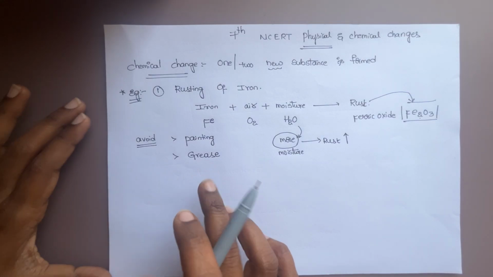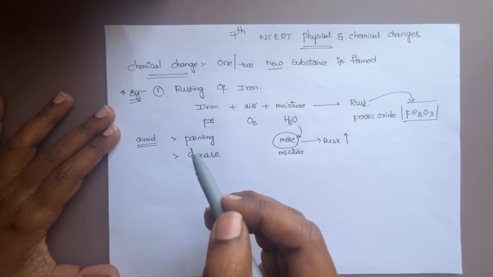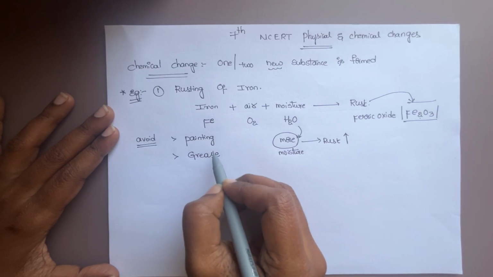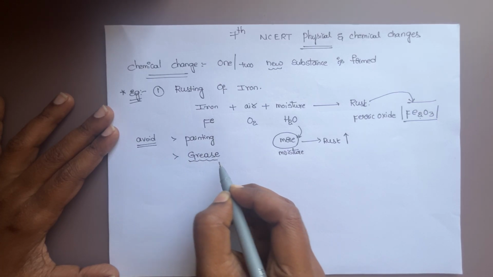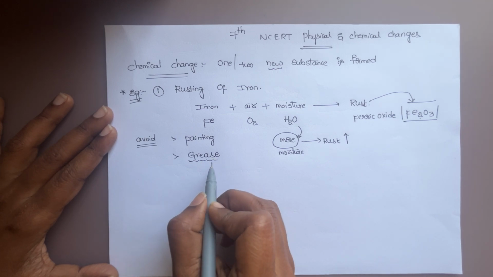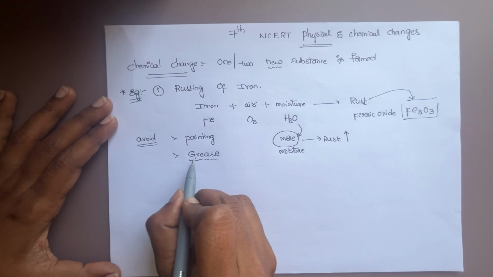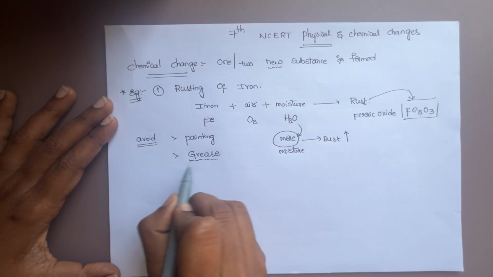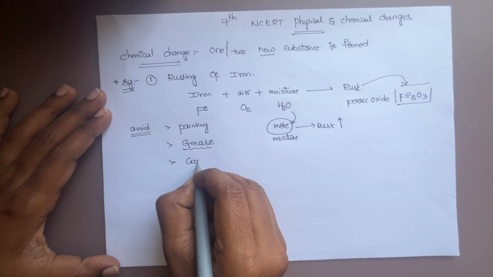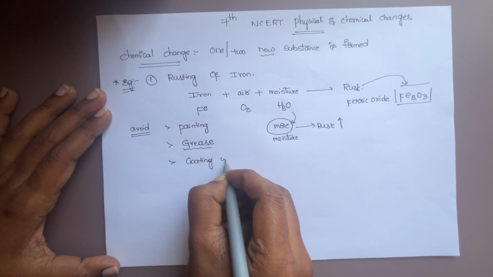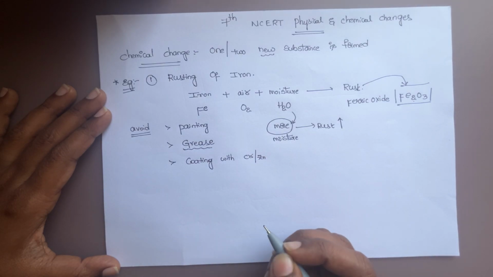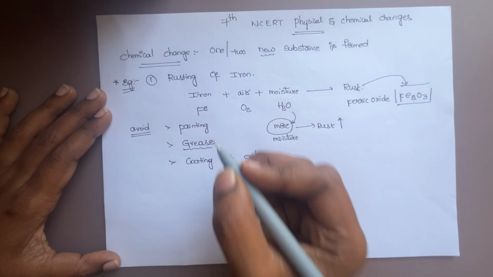We can't control the corrosion, but we can avoid it with continuous maintenance, particularly greasing in machines and in our motorbikes. Why? To avoid the rusting process. Say for example, by coating a metal with chromium or zinc, we can avoid the rusting of iron.